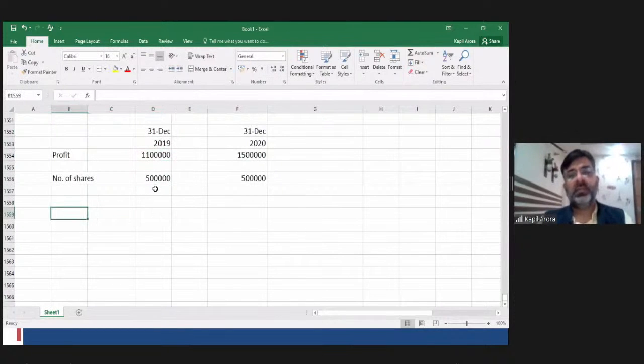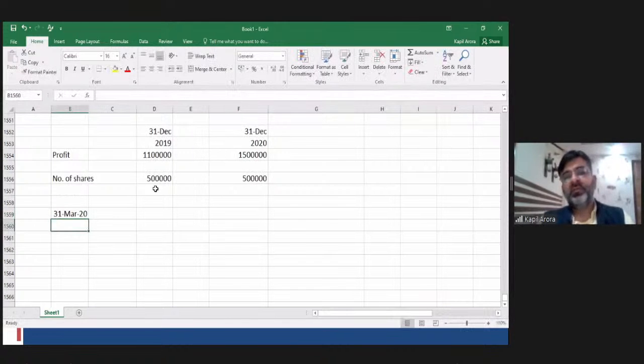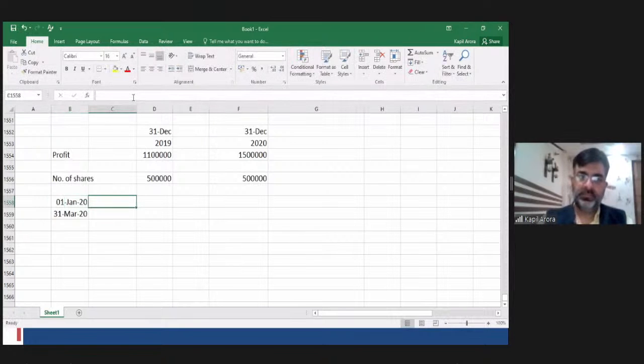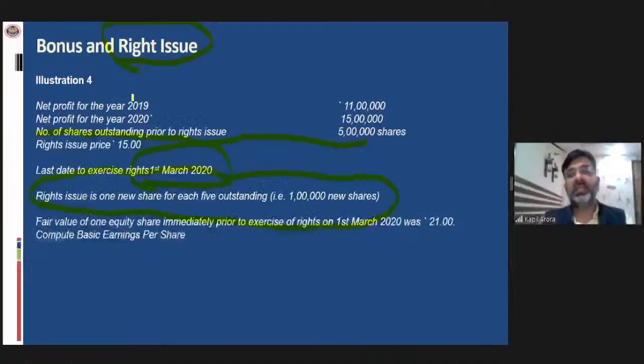Right, from 1st Jan, the number of shares are 5 lakh. The right issue which has been done is 1 new share for every 5 outstanding shares.